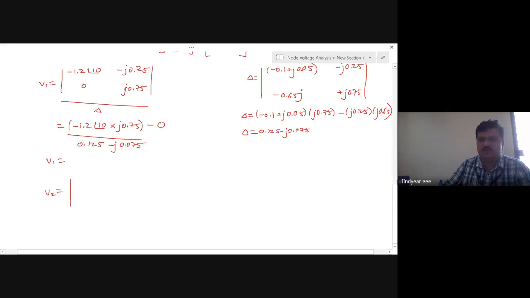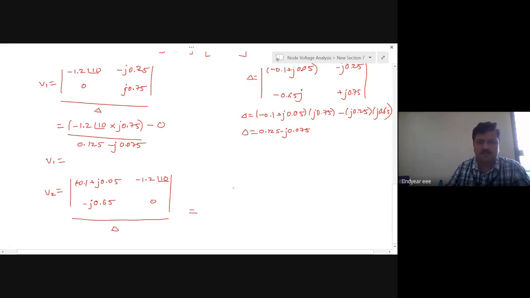For V2, determinant of the coefficient matrix, first column retained as it is, minus 0.1 plus j0.05, minus j0.65, second column of the coefficient matrix replaced by the solution matrix, minus 1.2 at an angle 10 and 0, divided by delta, equals: first term is 0, minus into minus is plus, again one more minus.